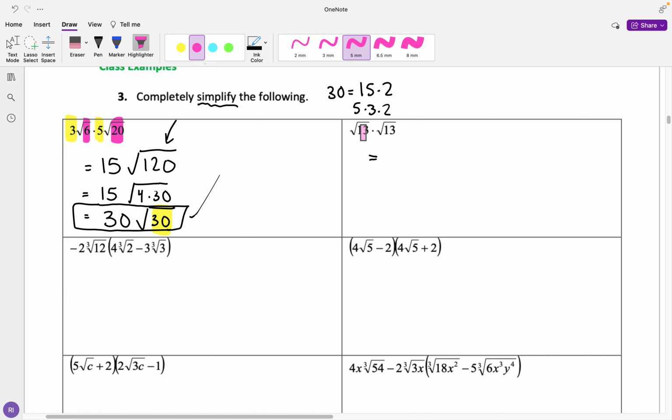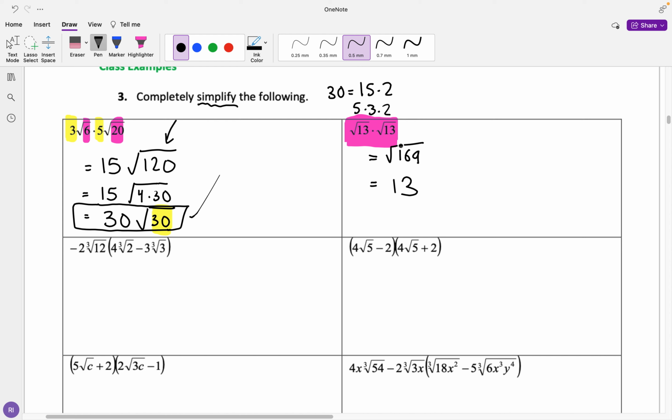Now, this one is honestly a good one to just talk about for a moment because we're going to see this happen pretty soon in the problems that are just below this. Anytime you take a radical and multiply it by itself, you will just end up with the radicand. The reason being 13 times 13 is 169.